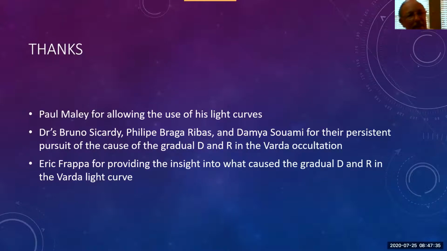So I'd like to thank Paul Maley on this one because he is the one that contributed some critical light curves. And then the Lucky Star authors for their persistent pursuit of the cause of the gradual DNR and the Bartok occultation, because if they hadn't persisted, which as the good researchers that they are, they did, I would have never found this on my camera.